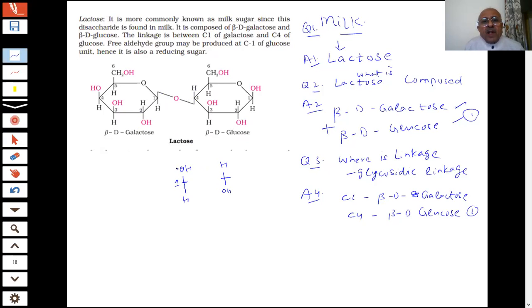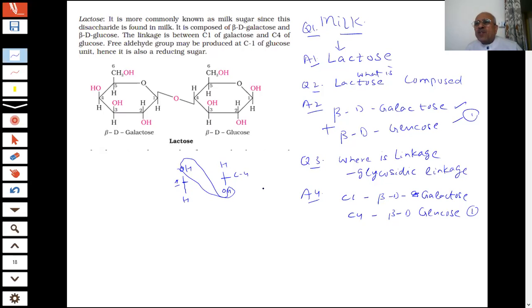Then what is happening? OH and H will lose water, and then the oxide linkage will be formed as O. This is at carbon 1, this is at carbon 4 position. Therefore, the two are differing at which position? At carbon 4 position.